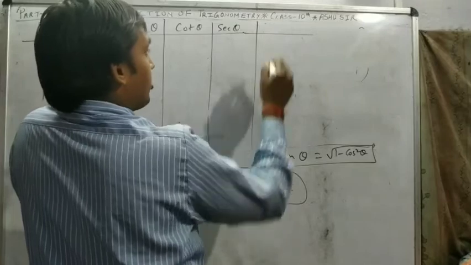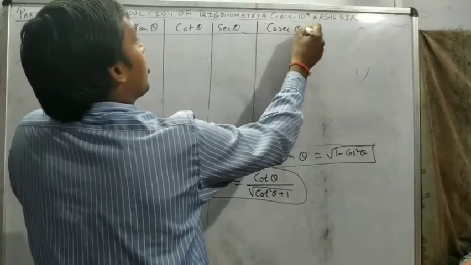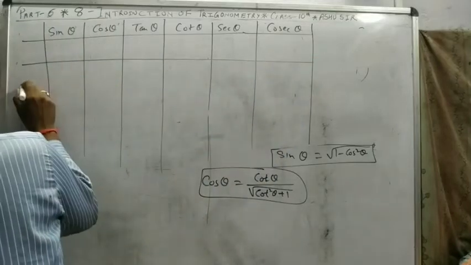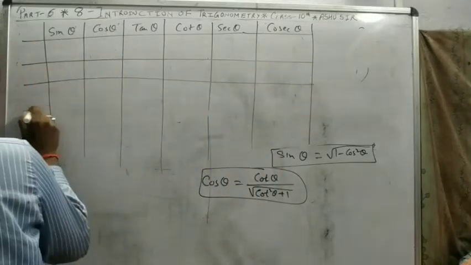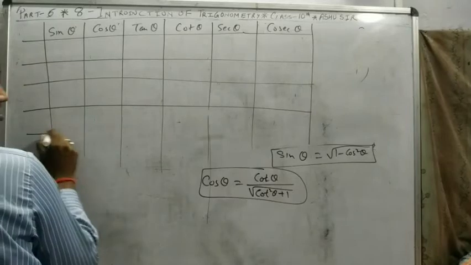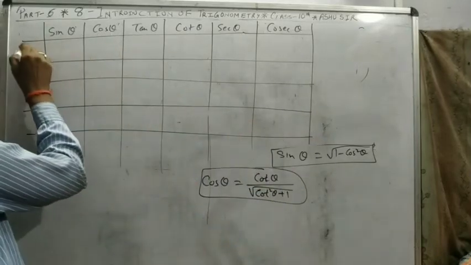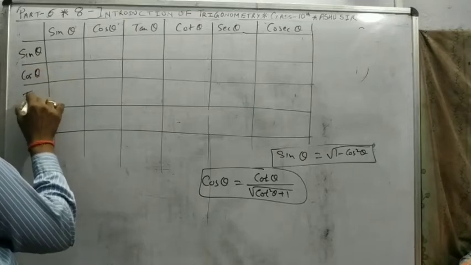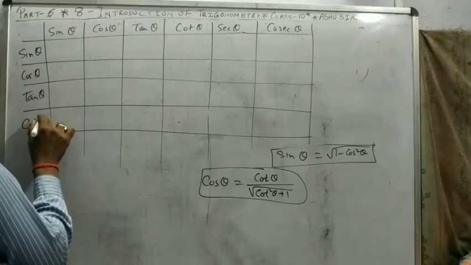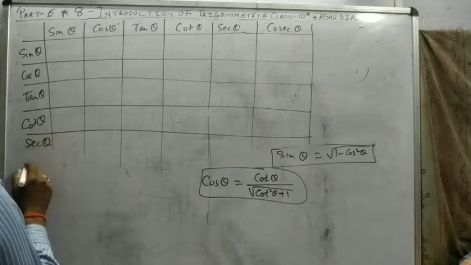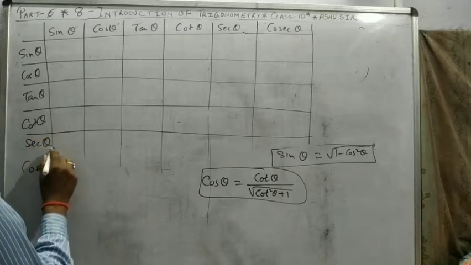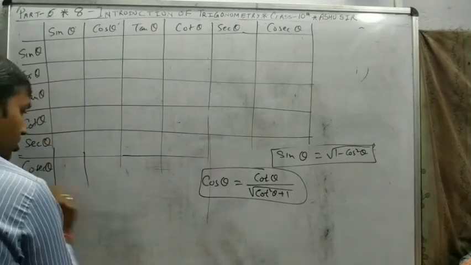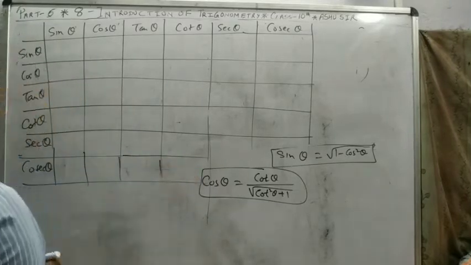Sec theta and cosec theta. Sin theta, cos theta, tan theta, cot theta, sec theta, cosec theta. Yes, we want more space. We'll take that after this. First explain this.